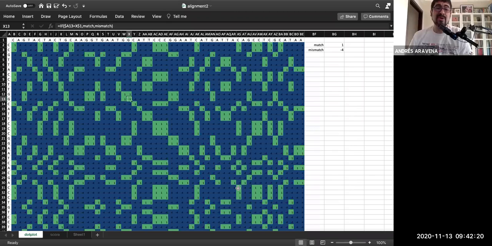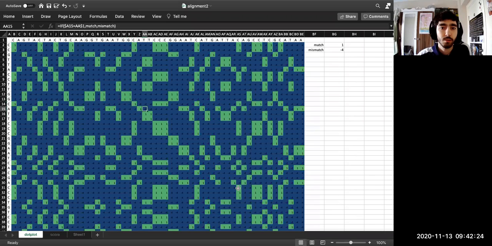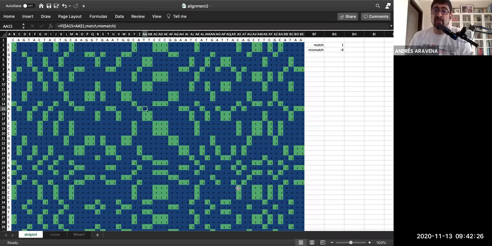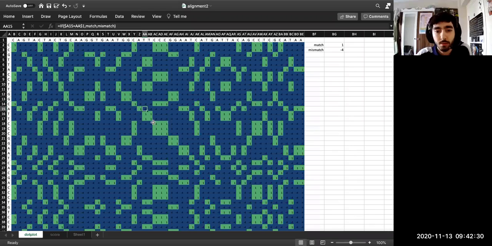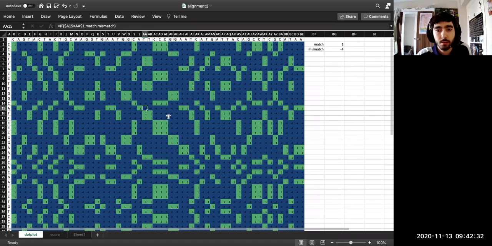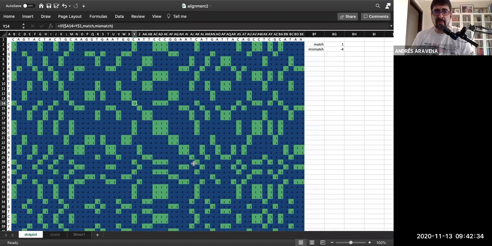In the local alignment, you are free to choose a starting point. But you realize that if I start here and I go collecting points, I will get some points, but if I start before, I get more points. Your goal is to get the maximum points.